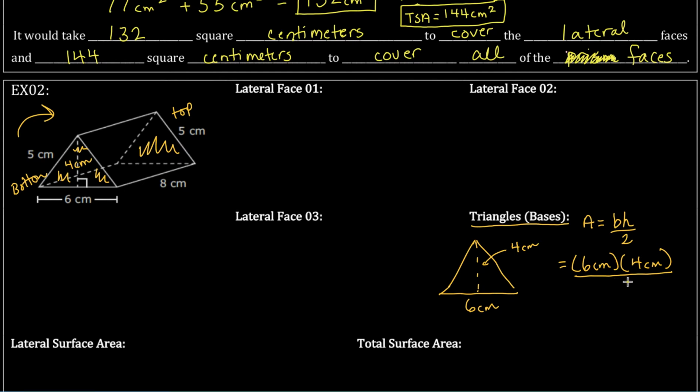So 6 centimeters times 4 centimeters is 24 square centimeters. And we will divide by 2. And the area of our triangle is 12 square centimeters.